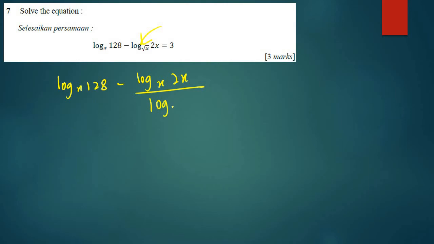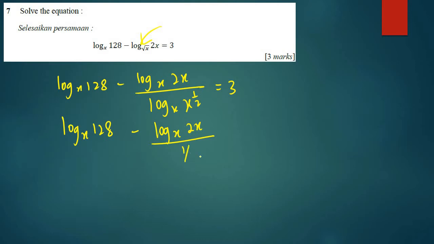So log x, x to the power of 1 over 2, since the square root of x is x to the power of 1 over 2, equals 3. Okay, simplify: log x 128 minus log x 2x, and 1 over 2 brought forward, gives 1 over 2 log x x, which means 1 over 2 times 1. So 1 over 2 only, equals 3.